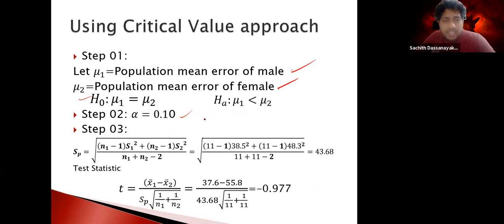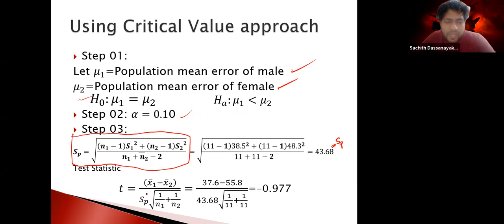In this case, since it is a pooled t-test, you have to find the corresponding standard deviation. To find that, use the formula which I showed you last time. Plug the values into this formula and find Sp. This is your pooled standard deviation, Sp.